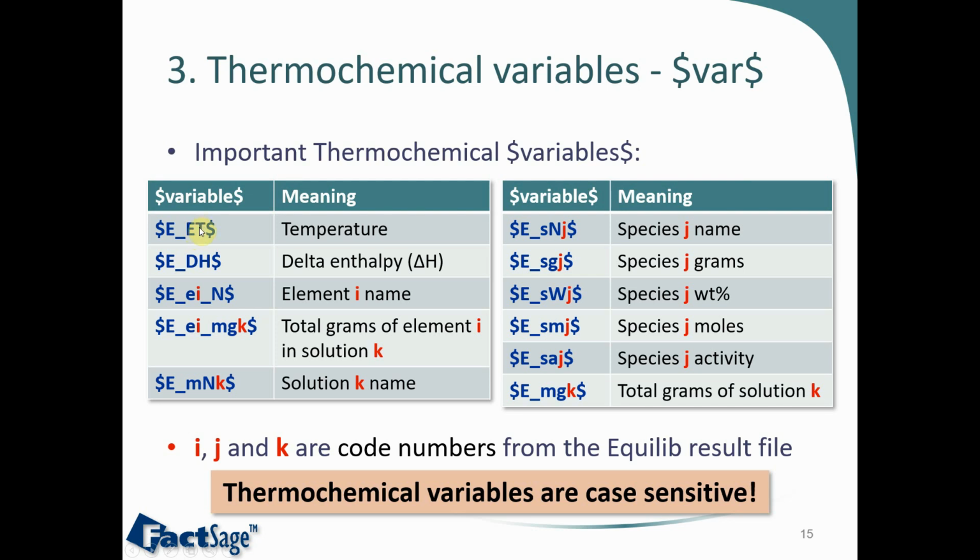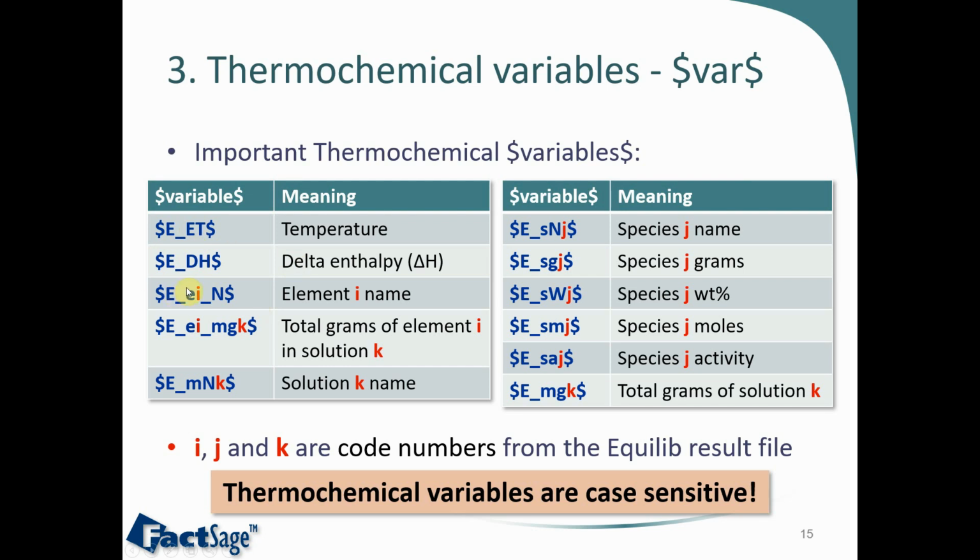You can also have property change when the initial conditions have been defined. This thermochemical variable here gives the delta enthalpy by replacing the uppercase E with uppercase T to get the delta, and then H for enthalpy instead of T.